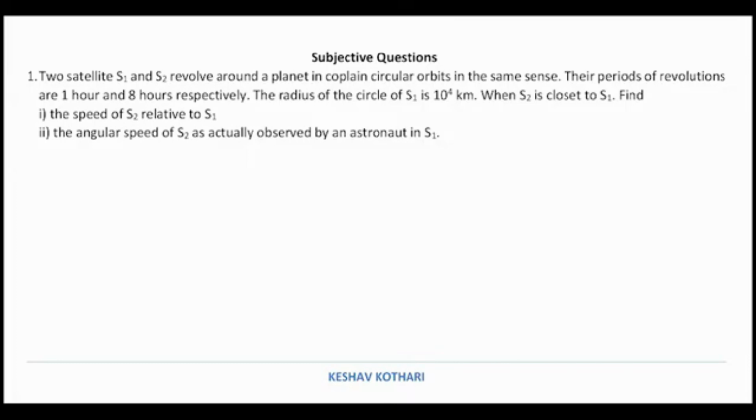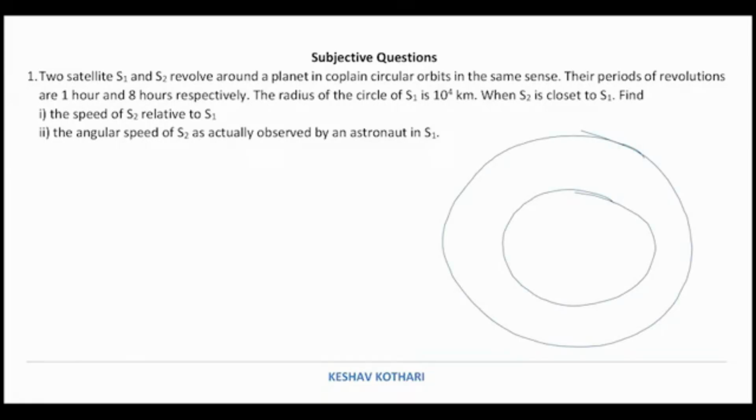So if I draw a setup for this particular arrangement, I can draw it in this way. These are the two satellite paths moving in coplanar circular orbits about a particular planet, which I have circled in between.